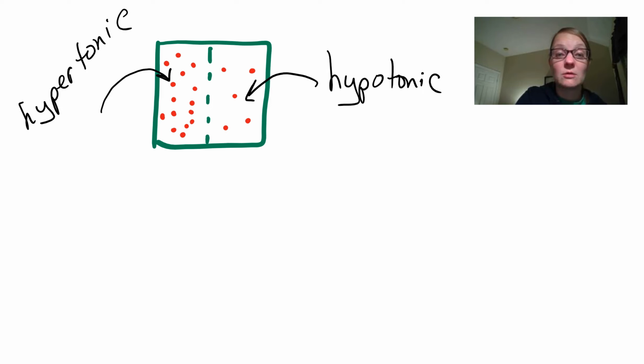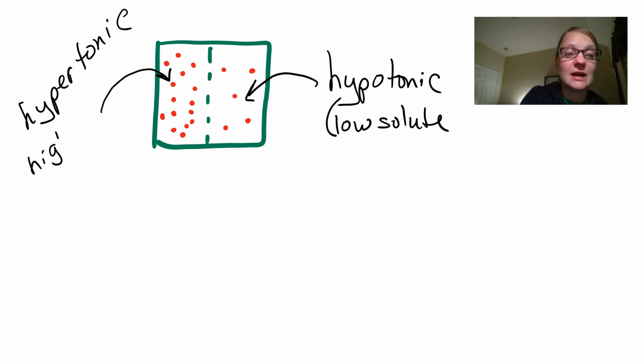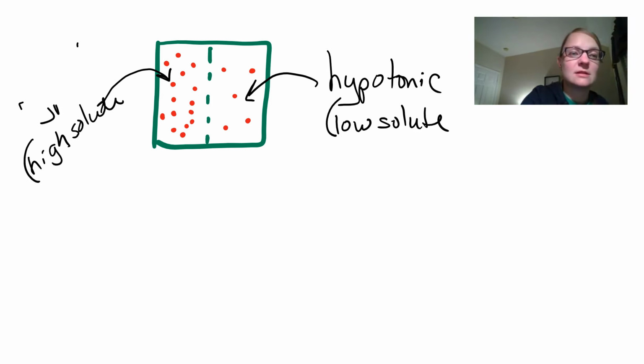All right, so remember, hypo means low solute, and hyper means high solute, right?